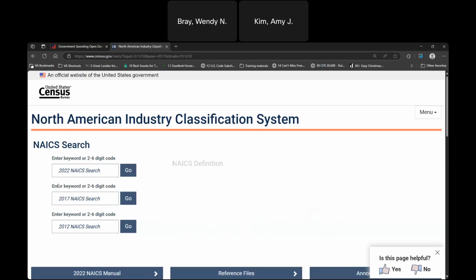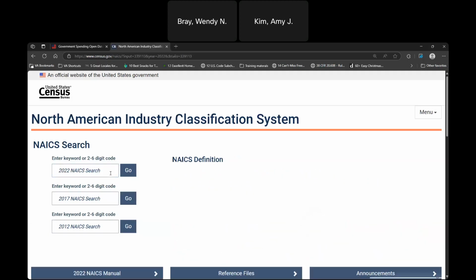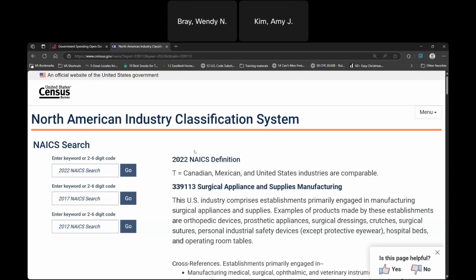But we can move to the next one. Okay, what was the next one? 339113. Okay, surgical appliance and supplies manufacturing.